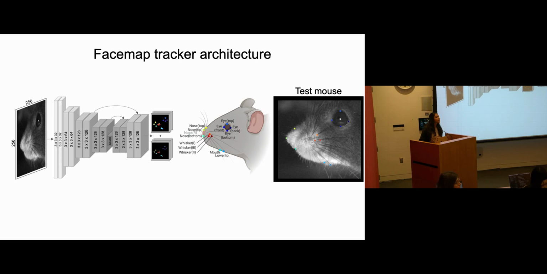Yes. Can you explain the two outputs there? Oh, yeah. So we used a similar objective as DeepLabCut does and some other tools, where one of our predictions is a heat map, which is a probability of where a key point lies.